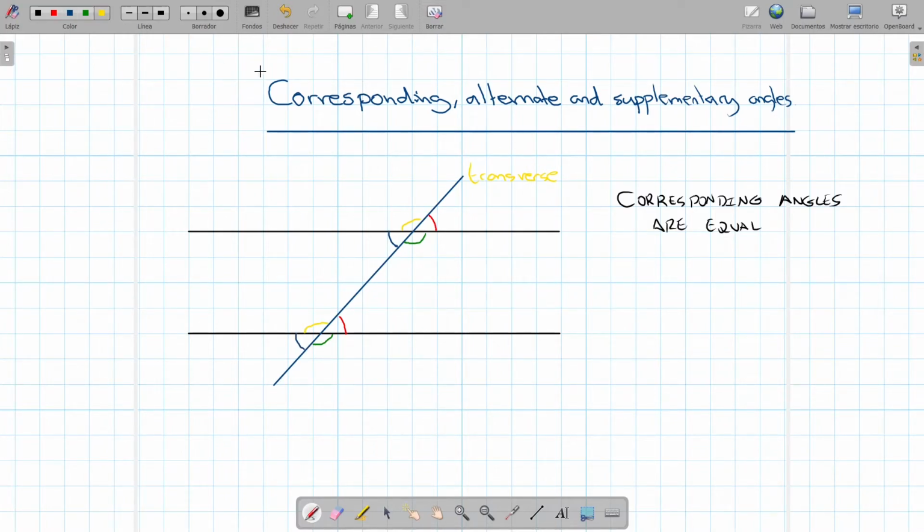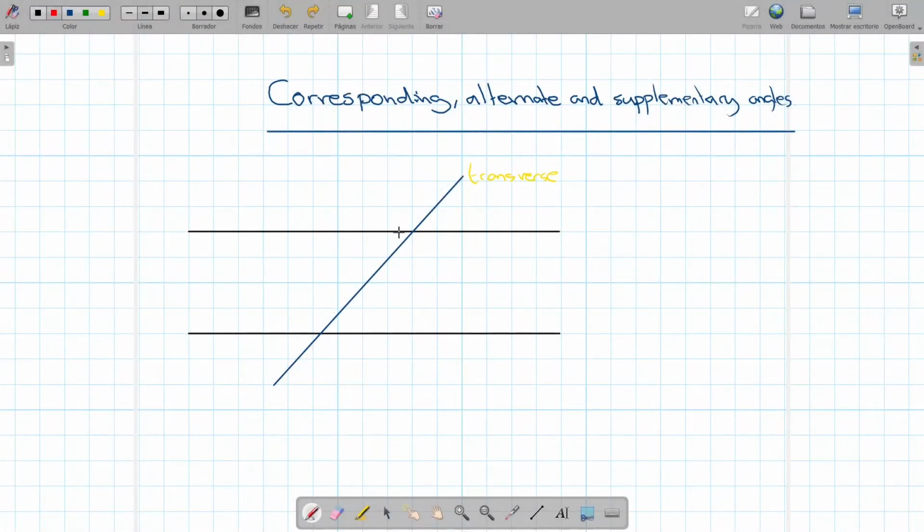So in this case, A and A are corresponding and equal. B and B are corresponding and equal. C and C are corresponding and equal. And D and D are corresponding and equal. So those are corresponding angles.